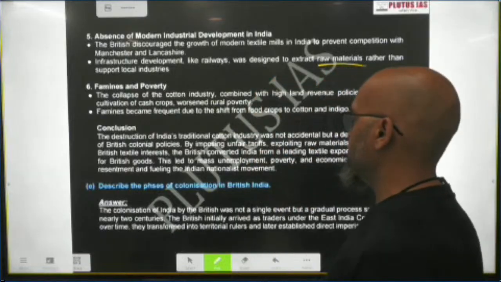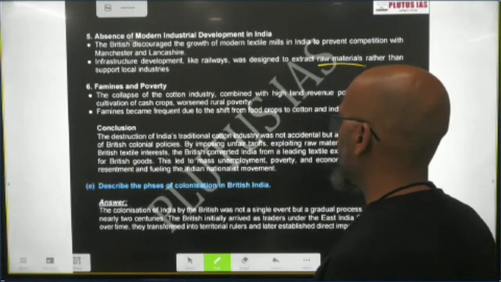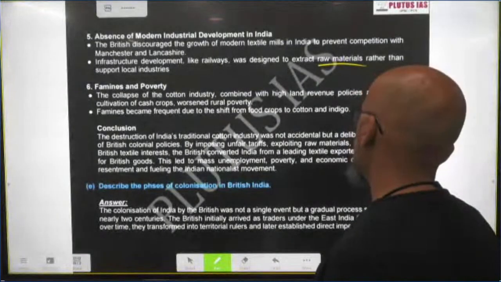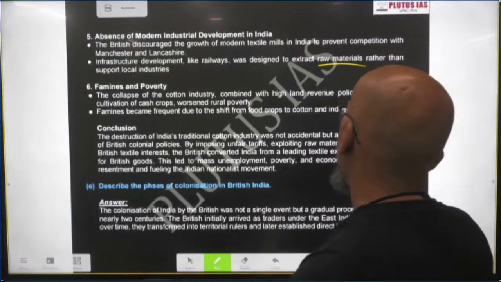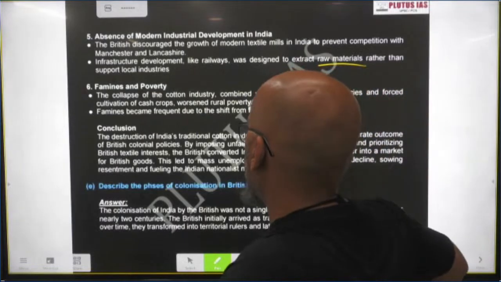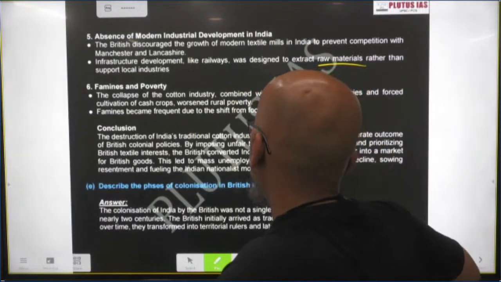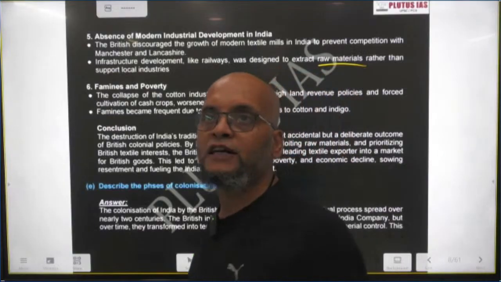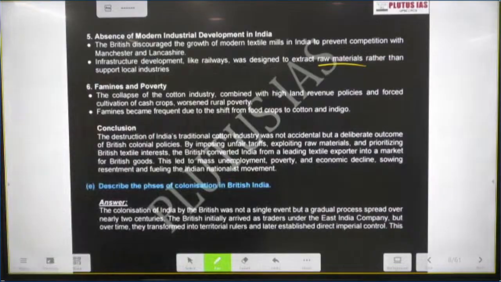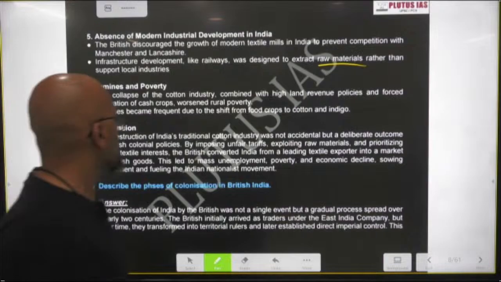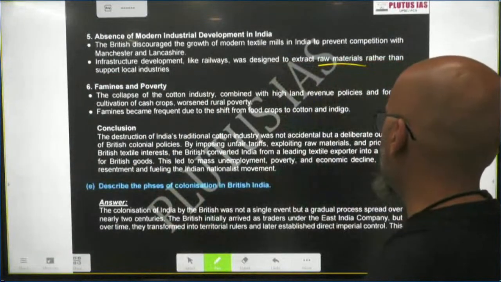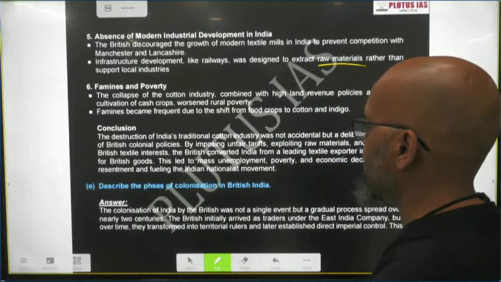Conclusion: the destruction of India's traditional cotton industry was not accidental but a deliberate outcome of British colonial policies. So it was not that it happened out of the blue, it was a deliberate effort by the British, by imposing unfair tariffs, exploiting raw materials, and prioritizing British textile interests.